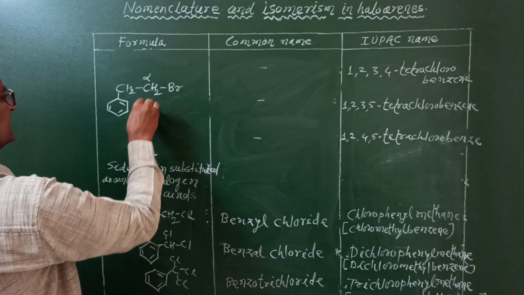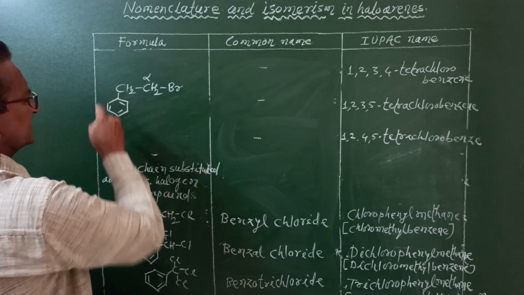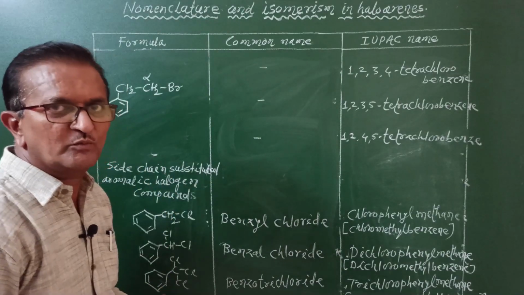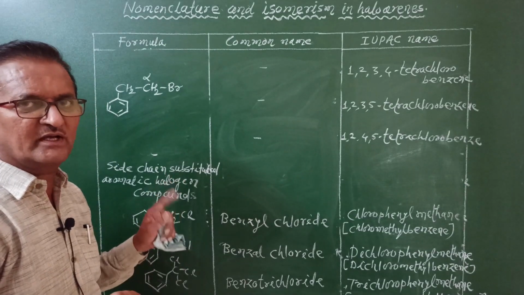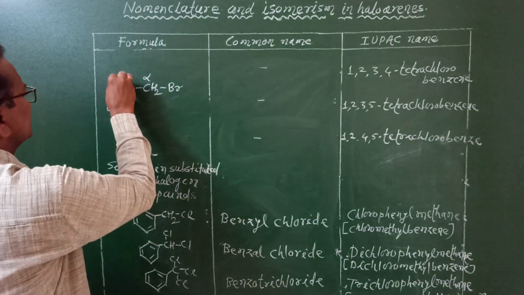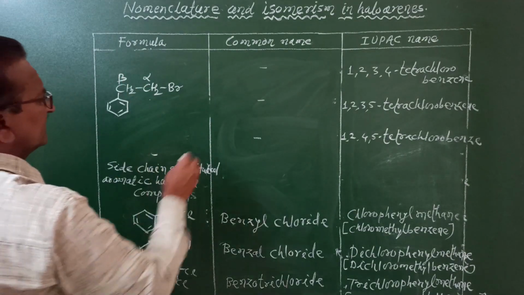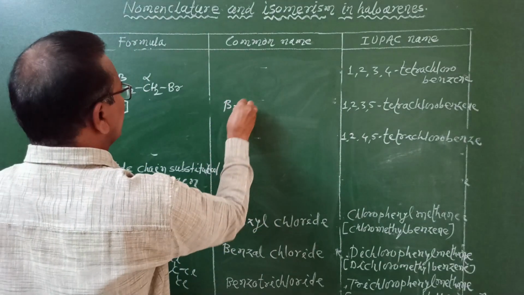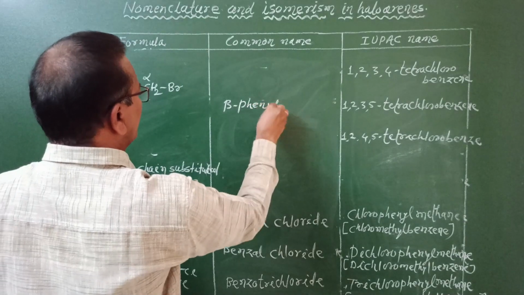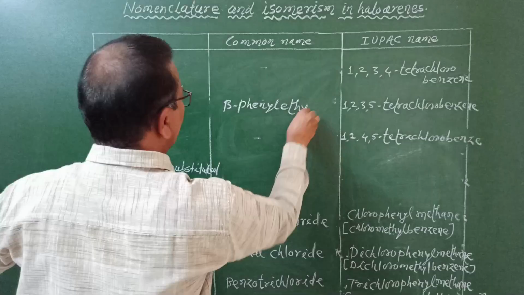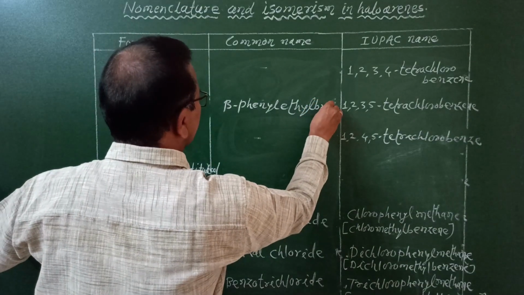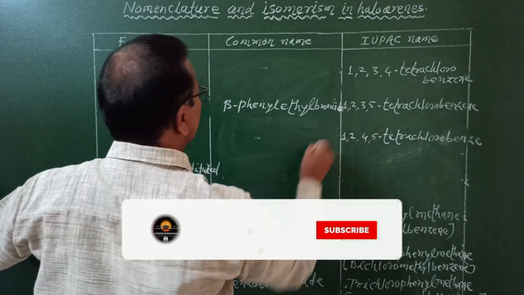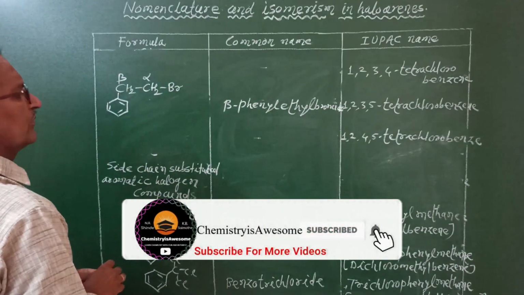In the common name system, carbon atoms are numbered by Greek letters such as alpha, beta, gamma, delta, omega, like this. This is beta. Therefore, what is the common name of this compound? Beta phenyl ethyl bromide.